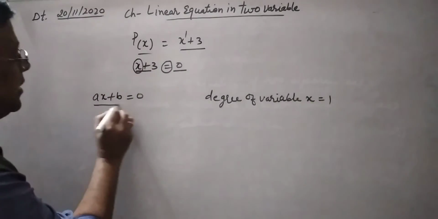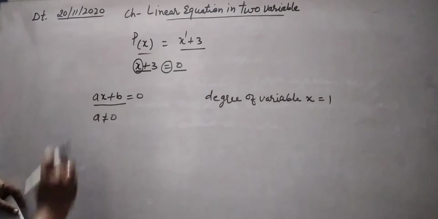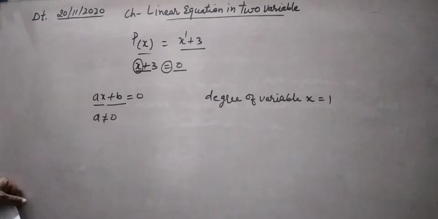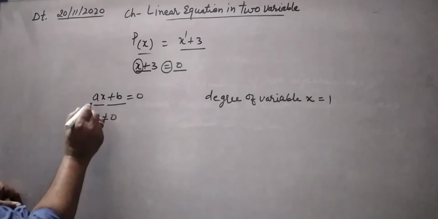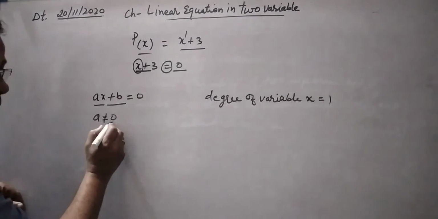Therefore it is called a linear equation in one variable, where a is never 0. If a becomes 0, then it is a constant term, and it cannot be expressed as a linear equation in any variable. So ax plus b equals 0, where a is not 0.